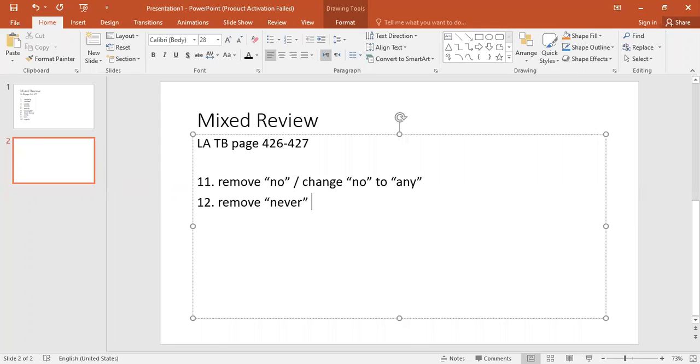Or we can change haven't to what, Isa? What can we change haven't to? I have never heard this drummer before. Okay, thank you. Shlok, number 13.